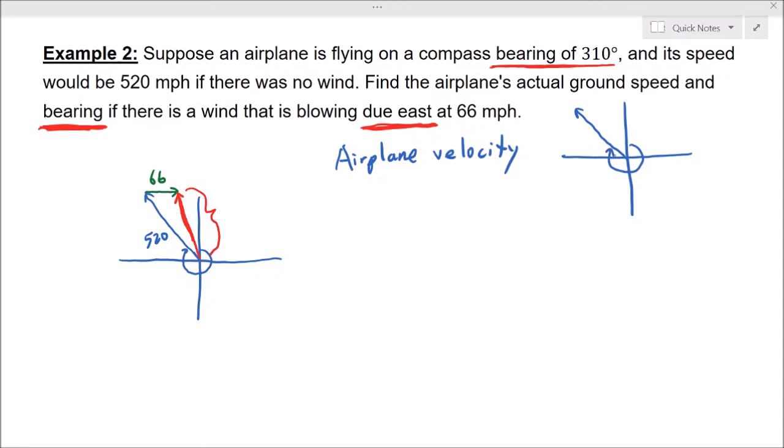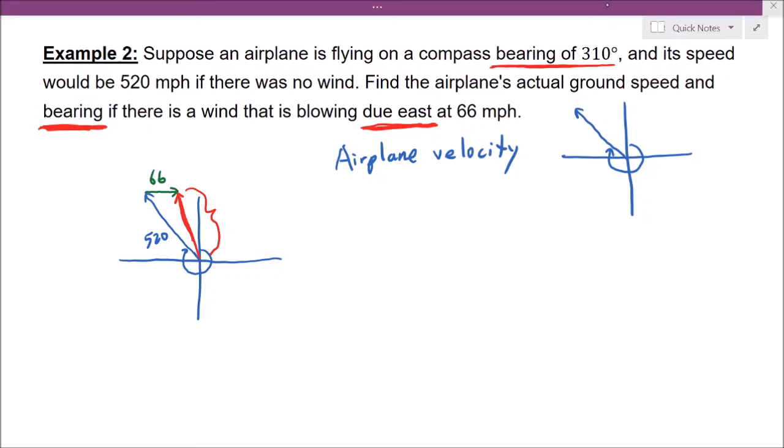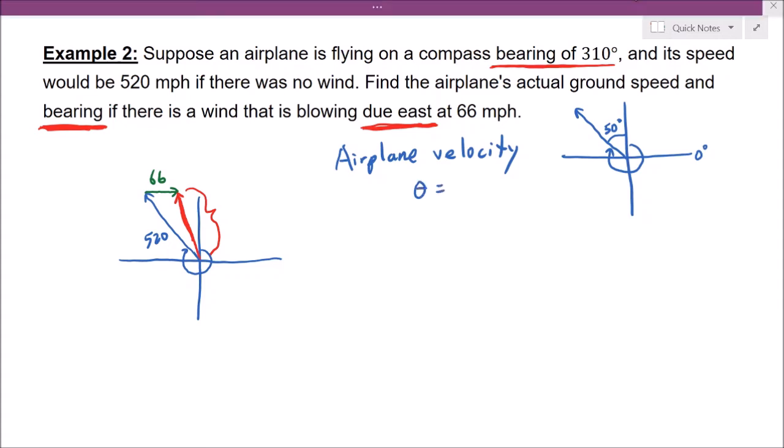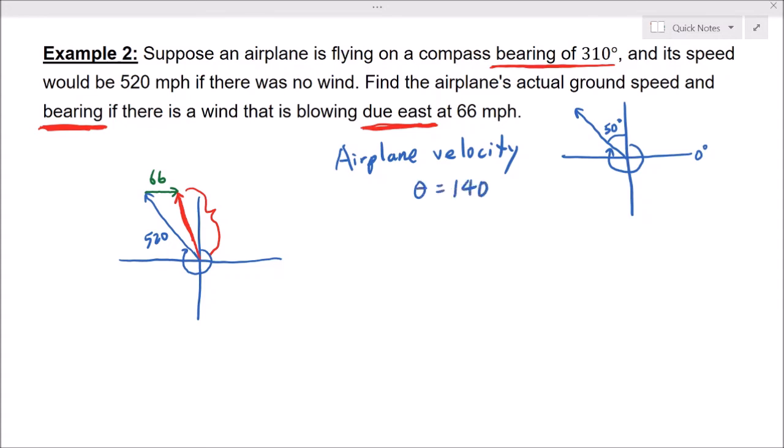So again, look at the diagram, figure out what angle that would be in terms of our normal direction angle. There's 50 degrees. If this is 310, then there's 50 degrees here. So then starting from 0 degrees here, that would be a total of 90 plus 50. So in terms of our normal direction angles, this thing has an angle of theta equals 140 degrees.